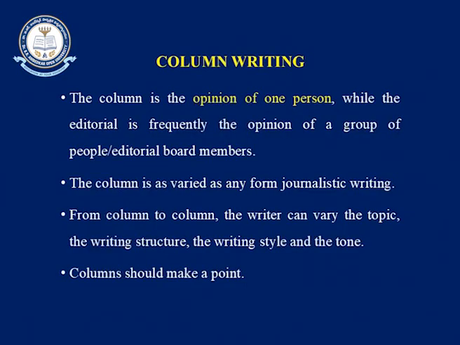Sometimes it may be translated for other regional newspapers also. The column is as varied as any form of journalistic writing. From column to column, the writer can vary the topic, the writing structure, the writing style and the tone; everything is different from newspaper to newspaper.